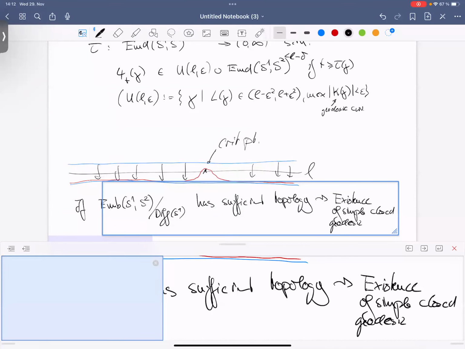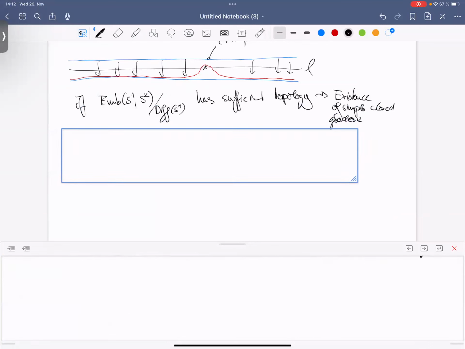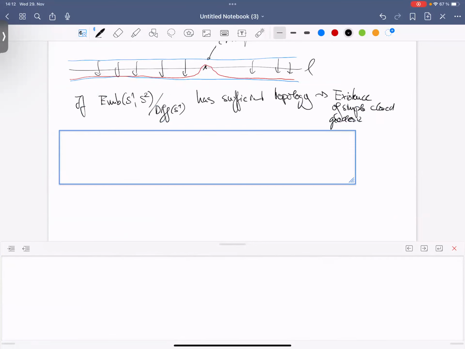For the simple reason that your gradient flow will converge to these critical points. Okay, so the question is, do we have enough topology?